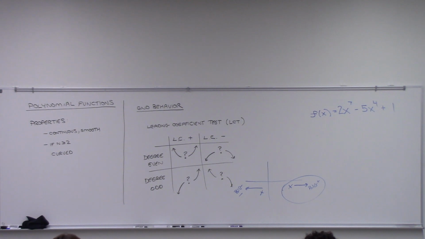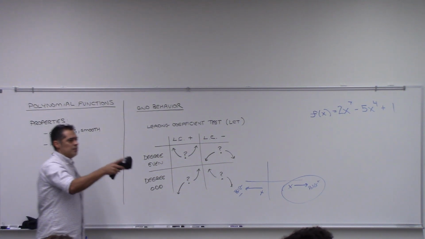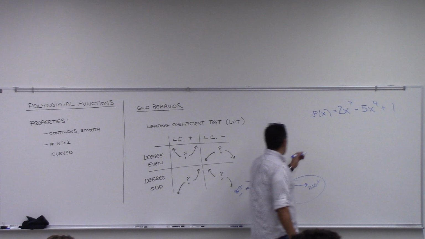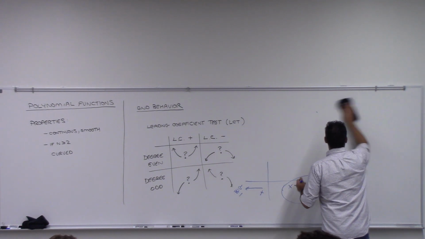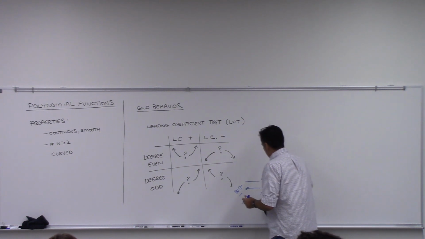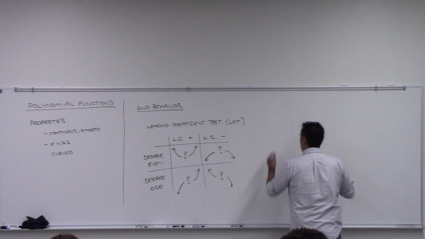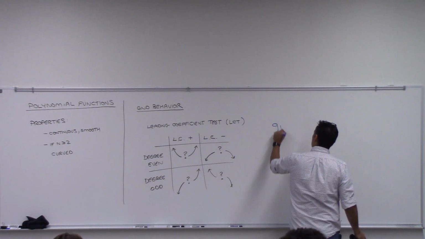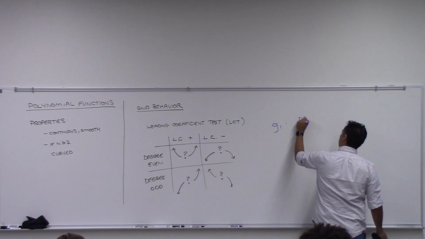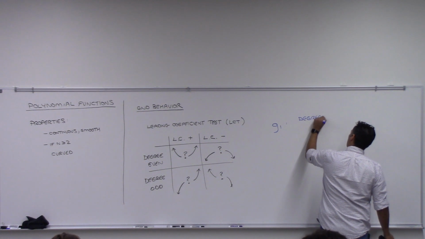I have some examples here. And again, I apologize that I have to make you look off of this, but let's just look at those. Look at G1 over there. I'm not going to write the whole function down, because you can see it over there. For G1, what's the degree? 5.